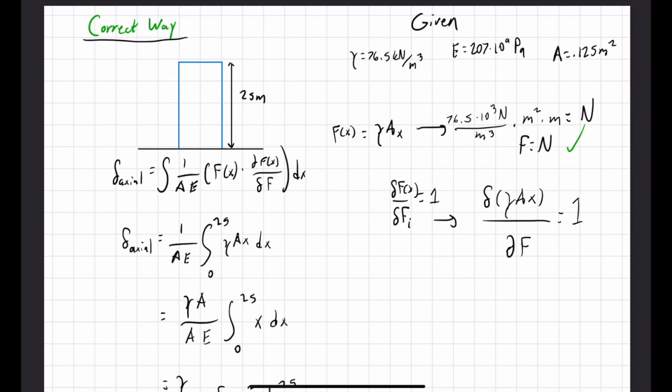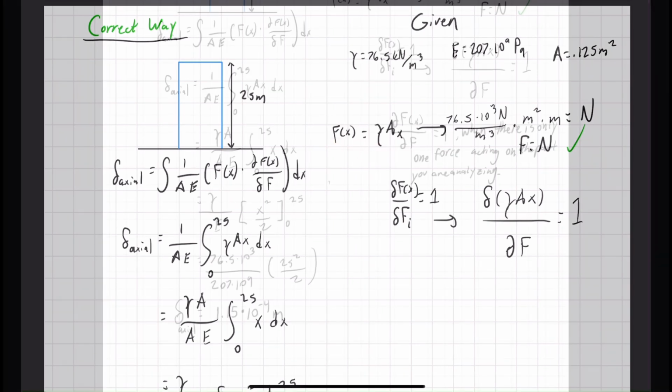You multiply that by an area, which is in meters squared, and you multiply that by x, which is a distance, which is just a meter. So that cancels those out, and we're just given a newton. And the partial of this with respect to f is just 1.